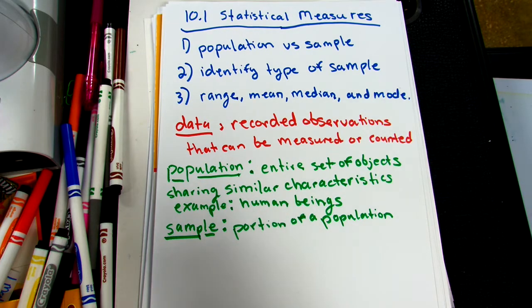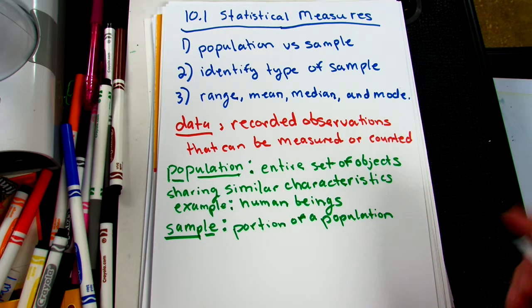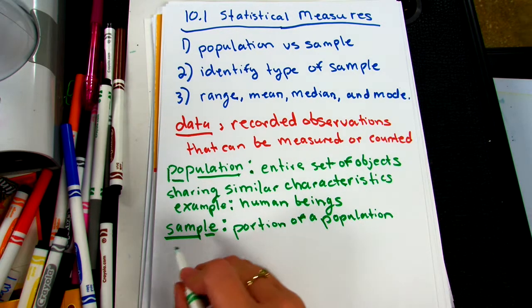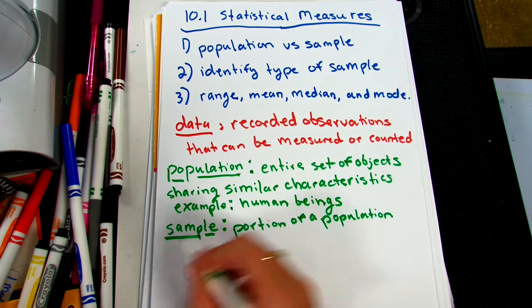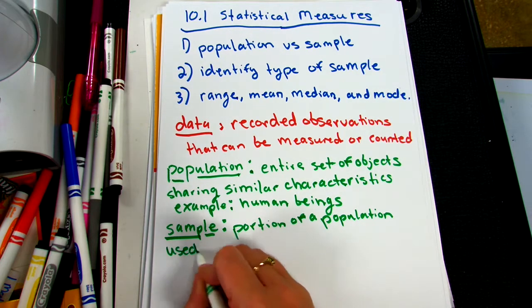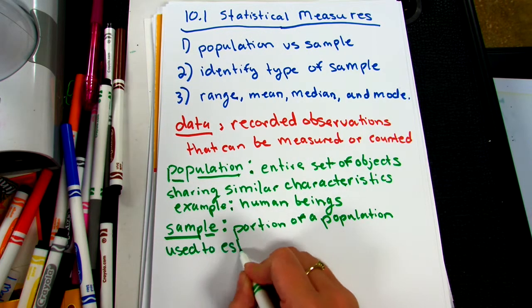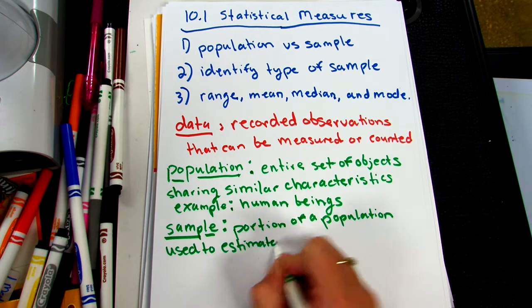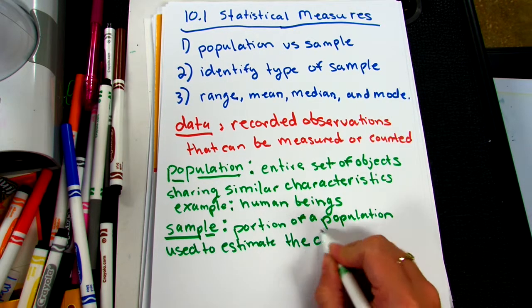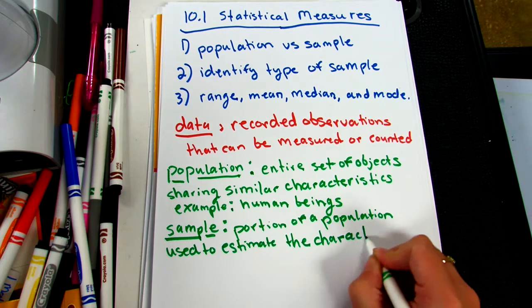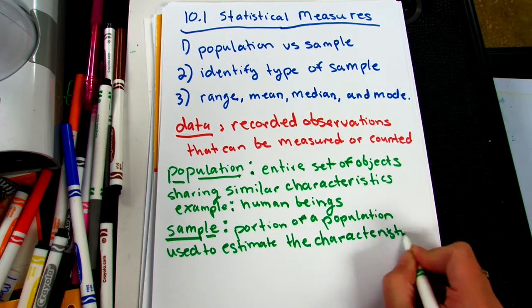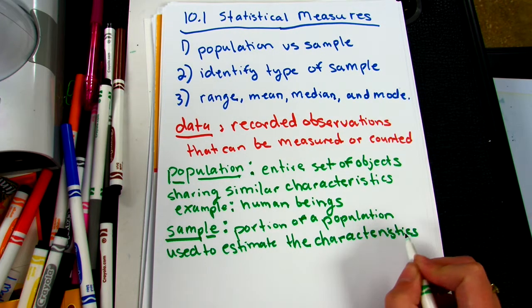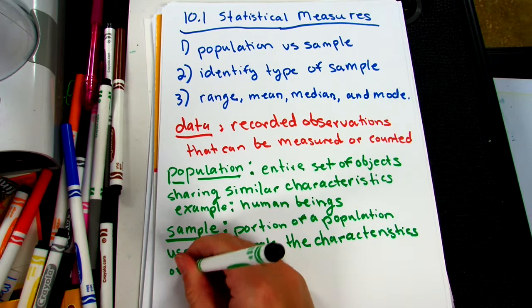So you're going to take this portion of a population and collect data from that portion, and then you're going to estimate, so it's used to estimate the characteristics of the entire population.